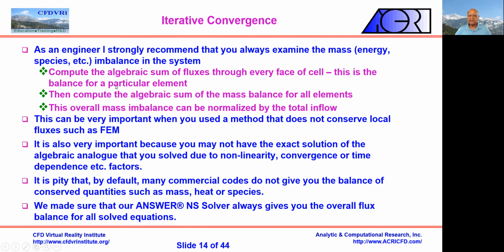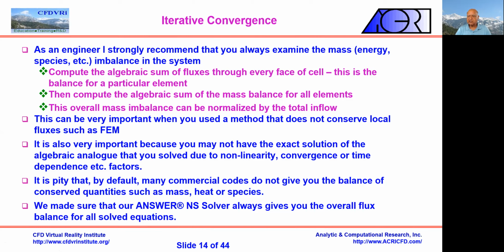This is the balance for that particular element, right? Then compute the algebraic sum of the mass balance of all the elements. Finally, you can normalize it, let's say with the total flow of the system or some other criterion, the total heat in the system, whatever you want. That gives you a measure of confidence. This can be very important, especially when you use a method such as finite element, which does not inherently conserve the local fluxes, okay?